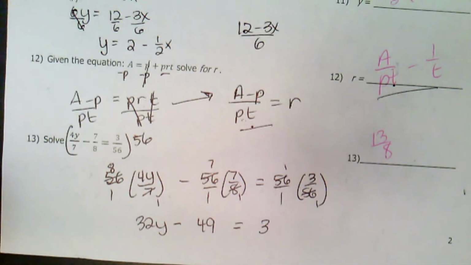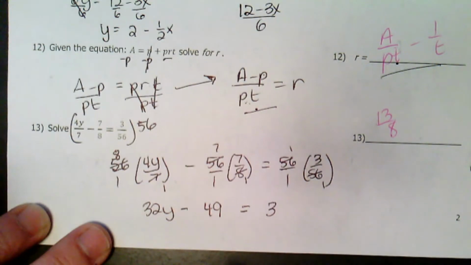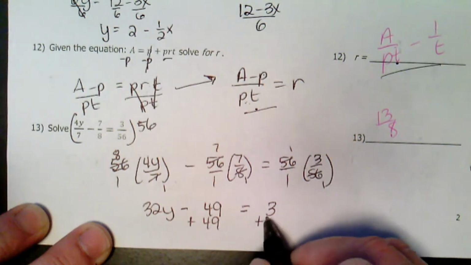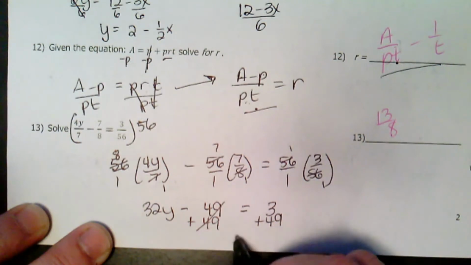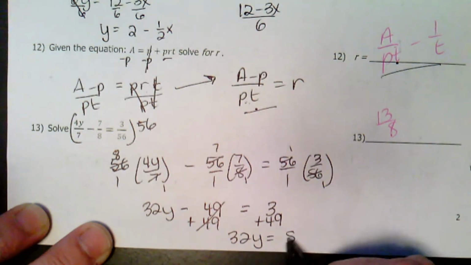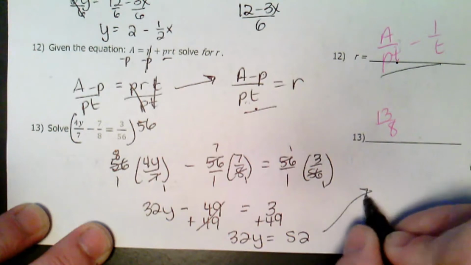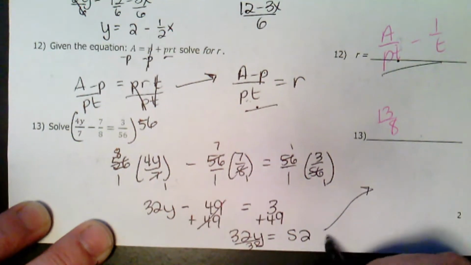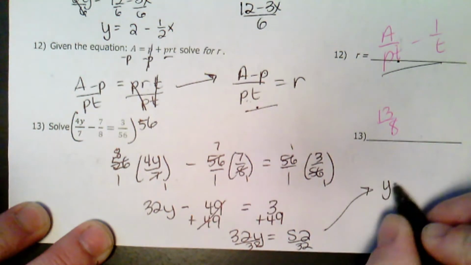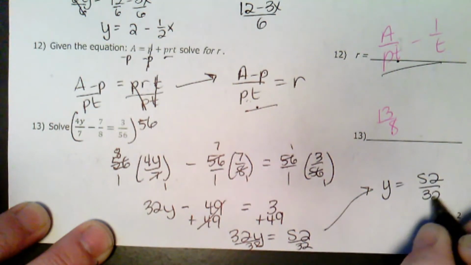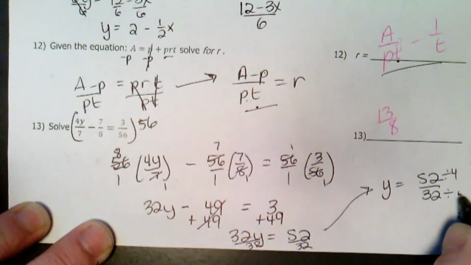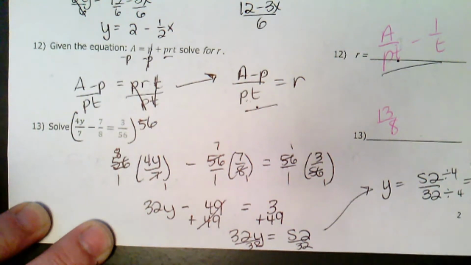Now if you didn't want to do that and you just want to deal with the fractions, that's fine. It does get a little messier, and there's more places that you can make mistakes with fractions because you have to remember all the fraction rules, but it'll still work. So divide both by 32, and then this can be reduced by 4, and 13/8 is your final answer.